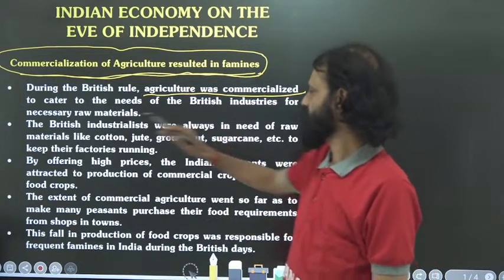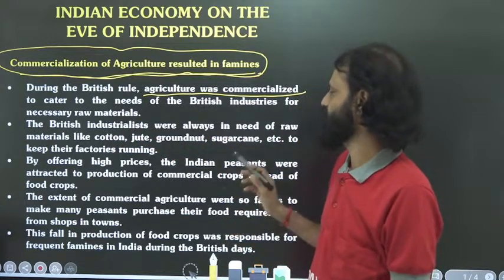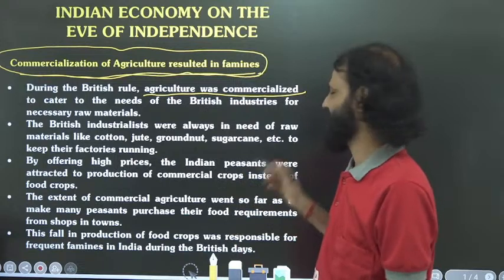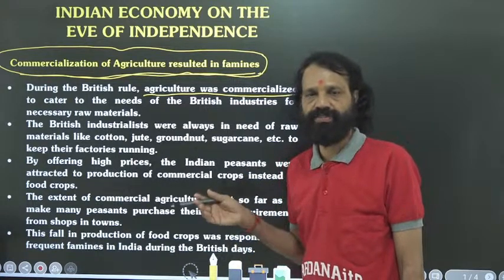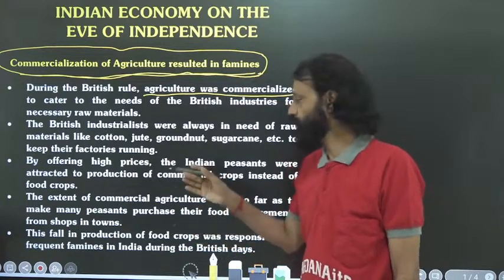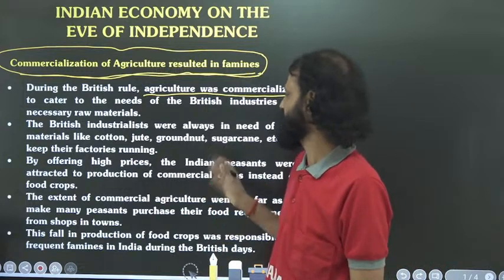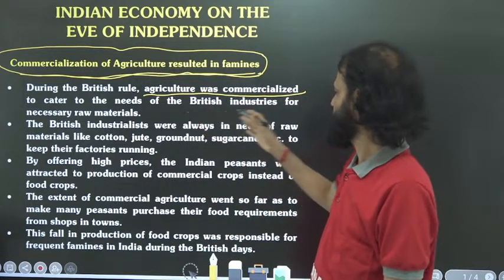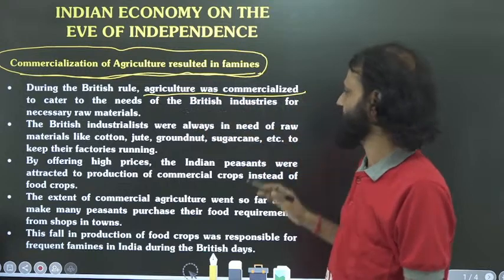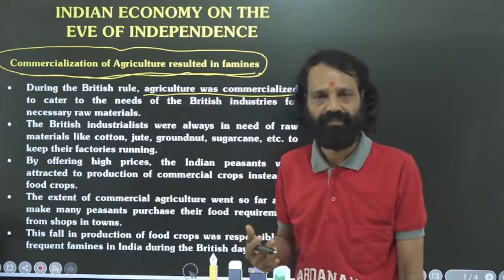The British industries were always in need of raw materials like cotton, jute, groundnut, sugarcane, etc. All these raw materials, for producing more sugar, for producing more dress materials, and for their British industries, they collected from India.